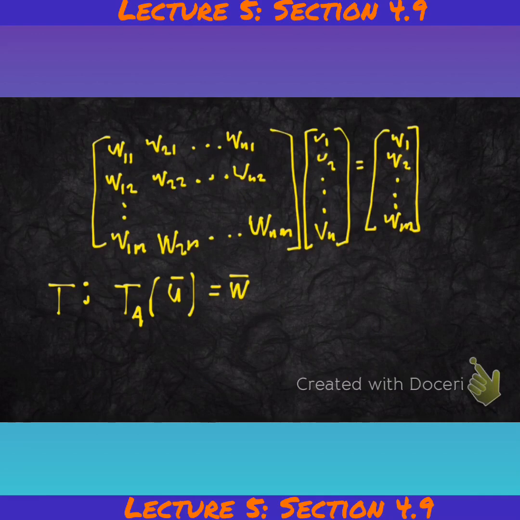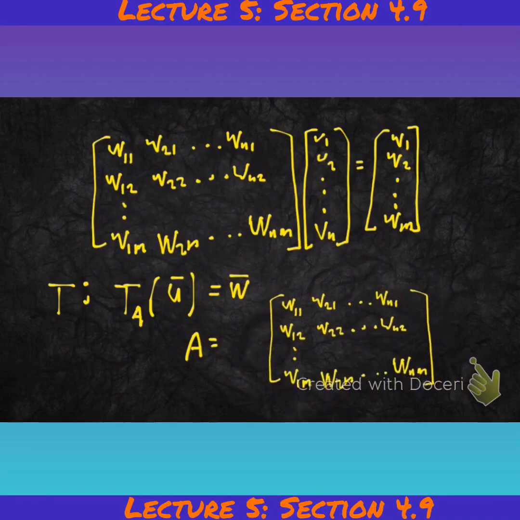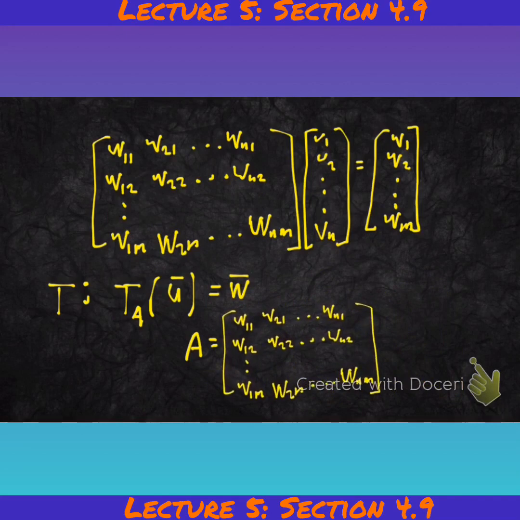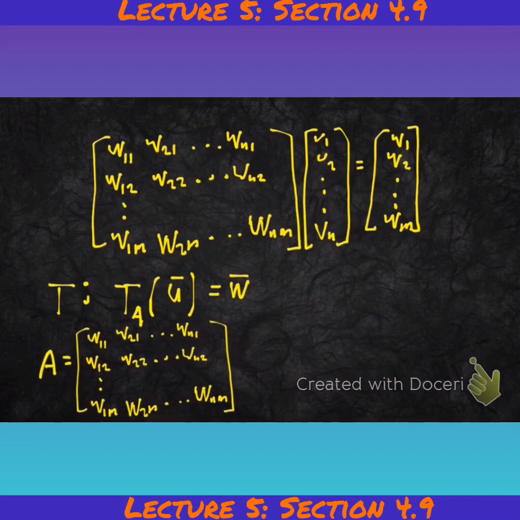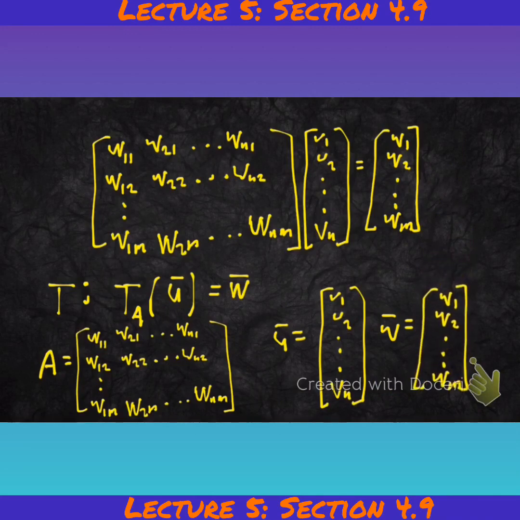The transformation T is equivalent to the transformation subscript A applied to the vector u bar, and that gives me w bar, where A is the standard matrix, u is this vector here, and w is that vector there.